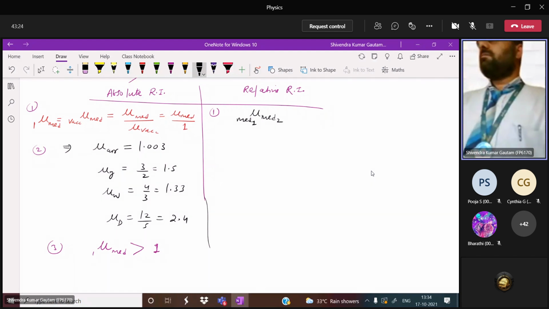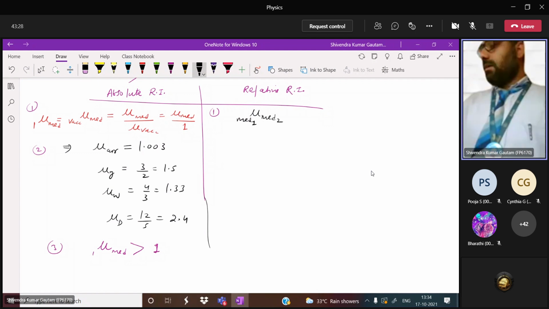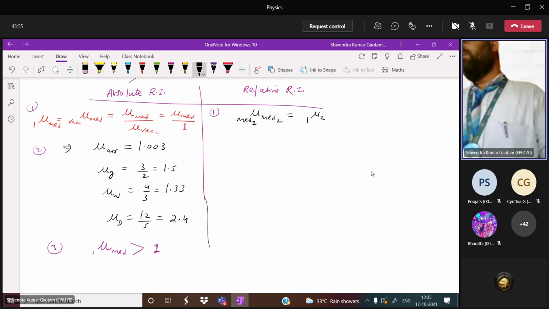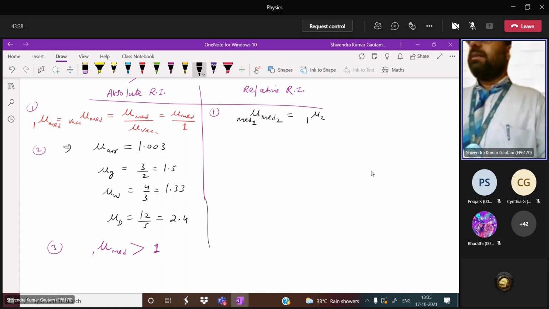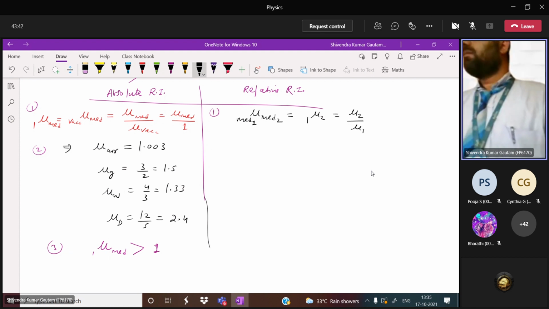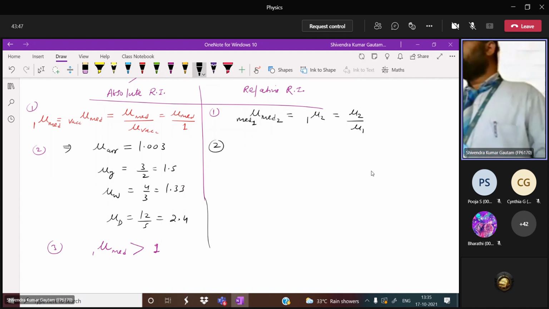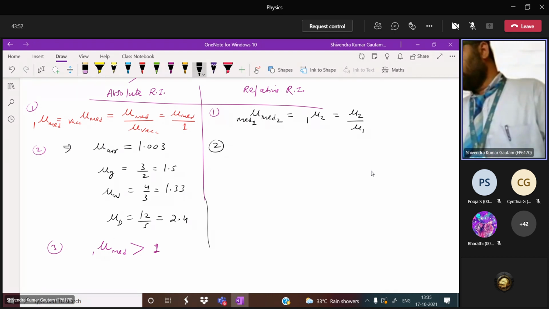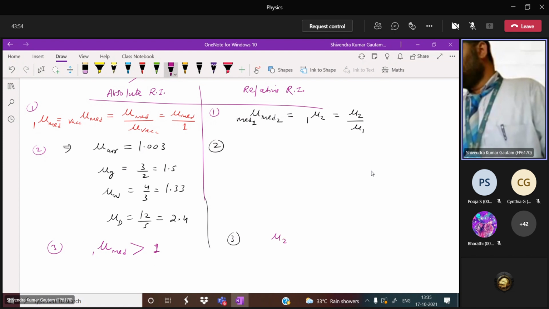It is represented as mu 21, meaning medium 2 with respect to medium 1, which you can also write as mu 2 divided by mu 1. Second thing, the relative refractive index value can be greater than 1, less than 1, or equal to 1.